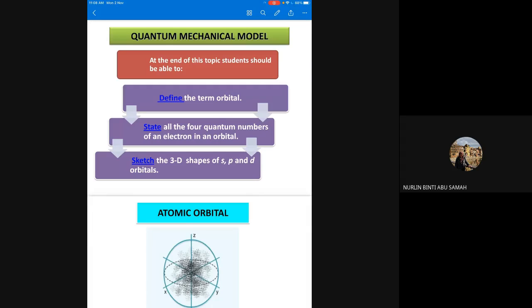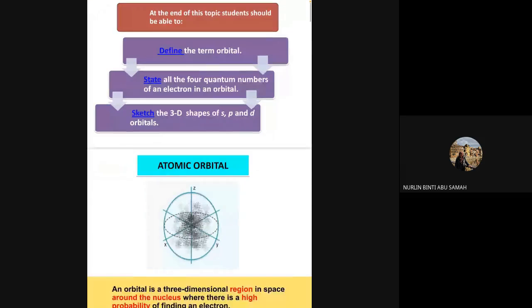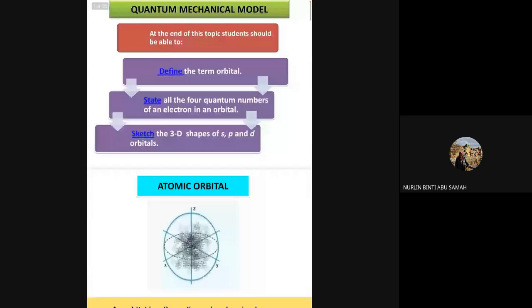And for the 3D shapes, I believe that these are just for your information only. You don't have to sketch the whole 3D shapes, okay.